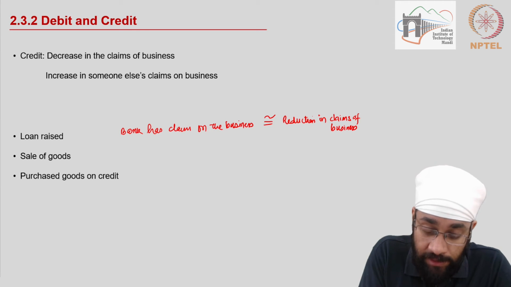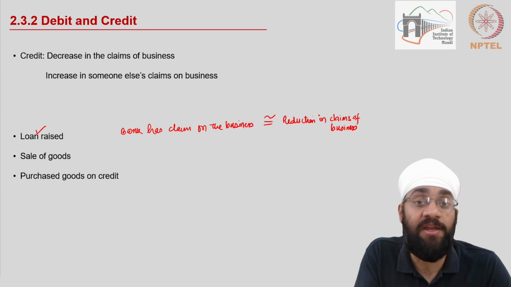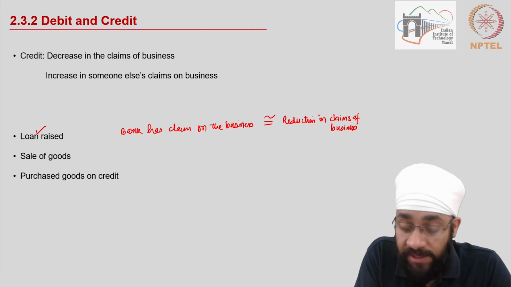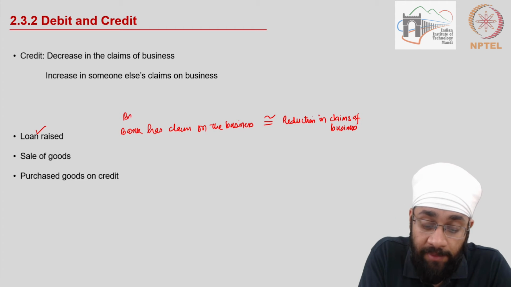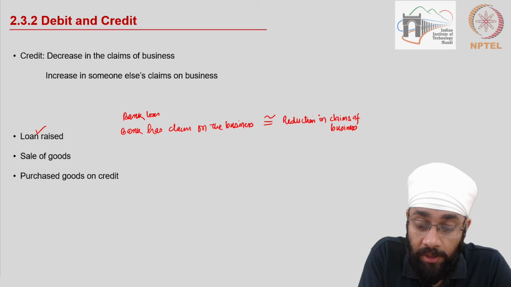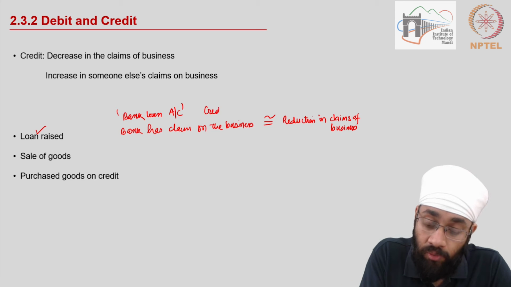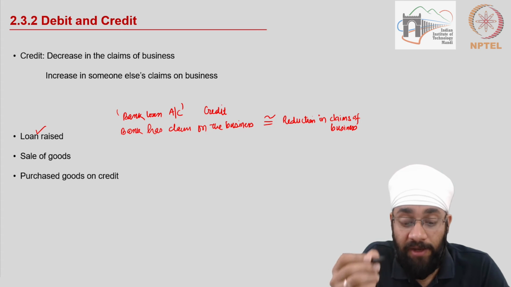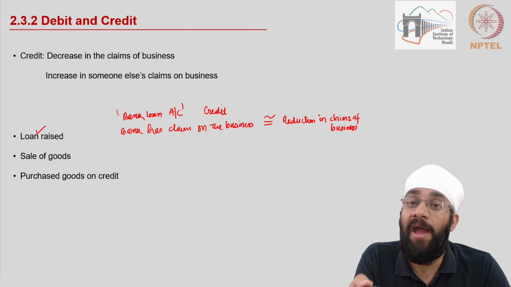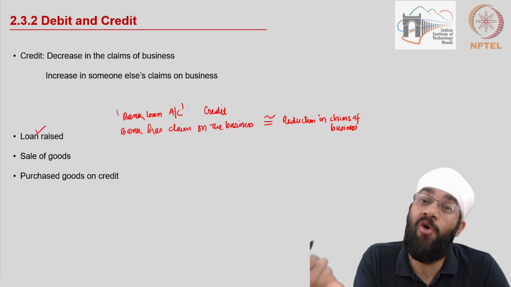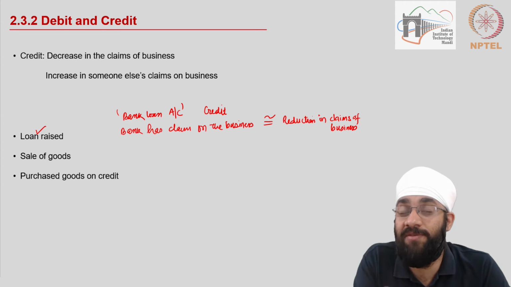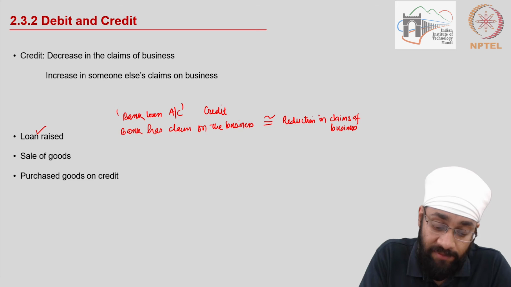So when a new loan is raised from the bank, a liability gets created. The name of the liability is bank loan, and you create a record for it and start calling it the bank loan account. You are going to write credit against it, which will indicate that a new bank loan has been taken and the bank has a claim on our business, because if we don't pay back, the bank can recover the money from us through legal channels.